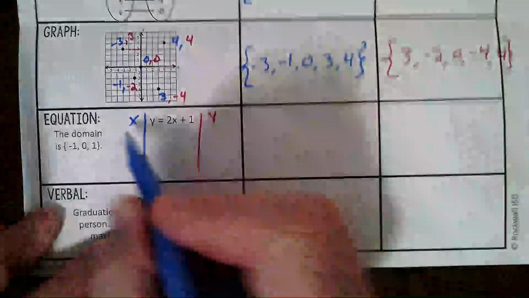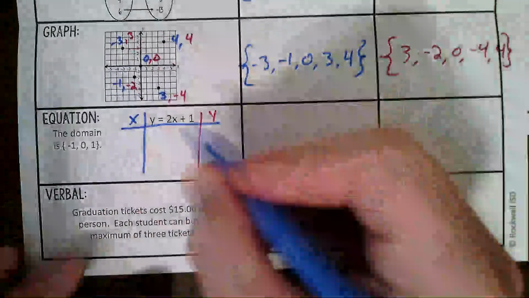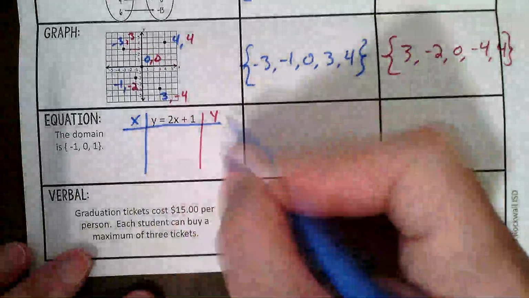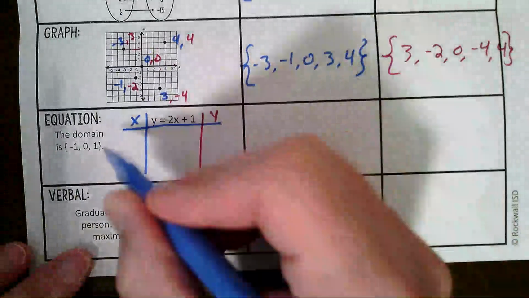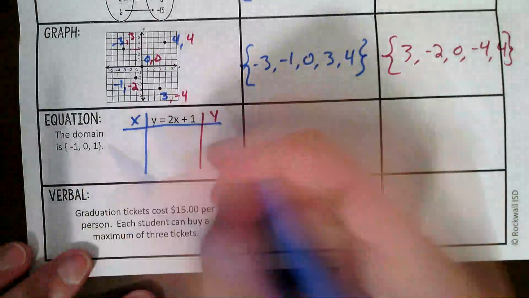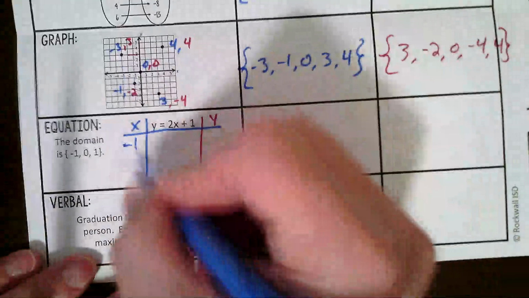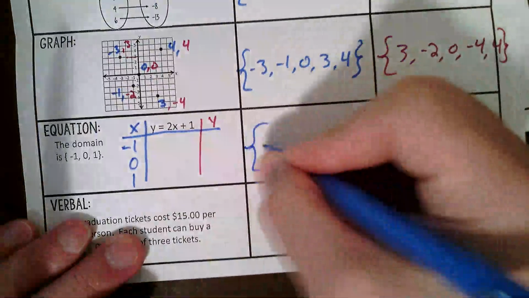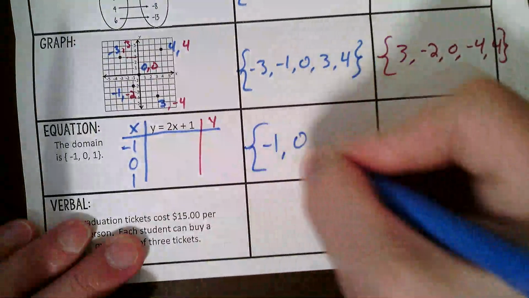So remember, a function is just the input. The x values are the input, and the y values are the output for the function. So it gives me my domain, -1, 0, and 1.